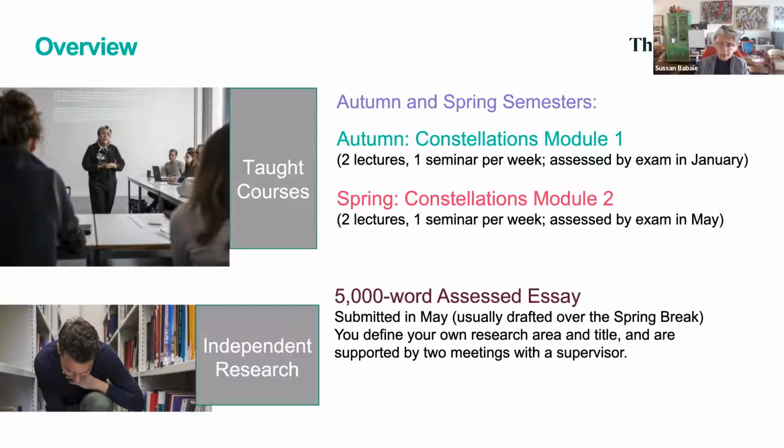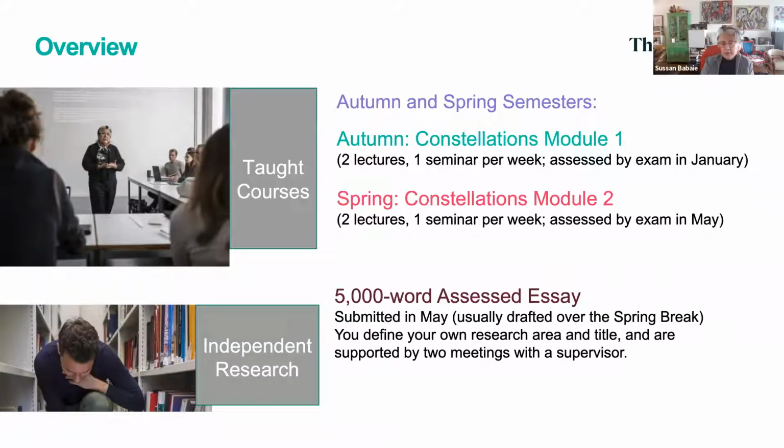There's the Constellations module 1, in the autumn term, and the spring Constellations module. These are generally more specific topics or themes, particular historical and geographical terrains. There are 2 parts to these constellations. One is the lectures, which are 2 lectures per week, and then a seminar component, which is not just about the lectures, but rather a complementary part of learning about that same general topic.